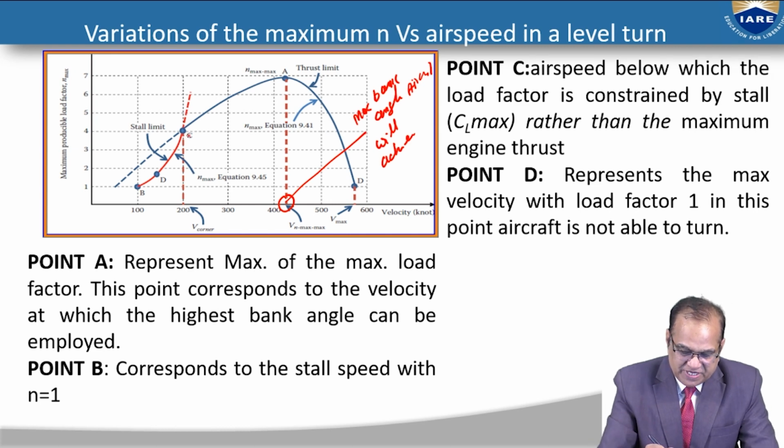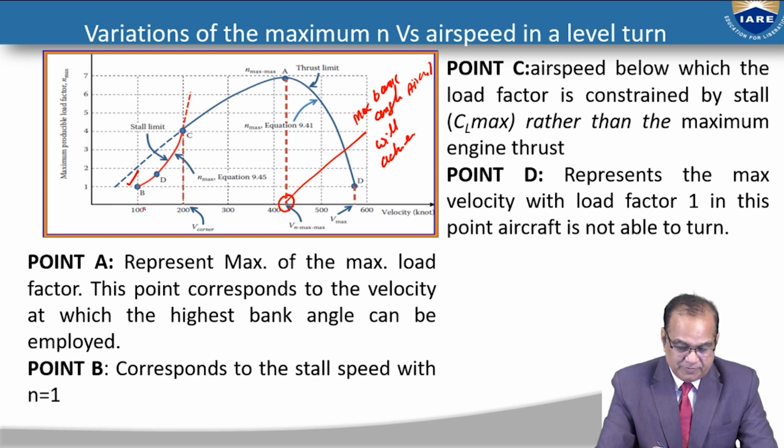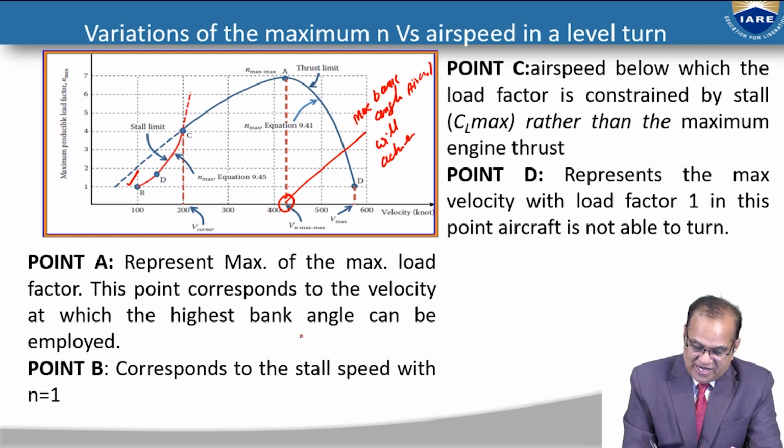Now we will see point B. It is shown as 100 meters per second, corresponding to the stall speed with n equal to 1. When your aircraft is in straight and level flight, L is equal to W and T is equal to drag.